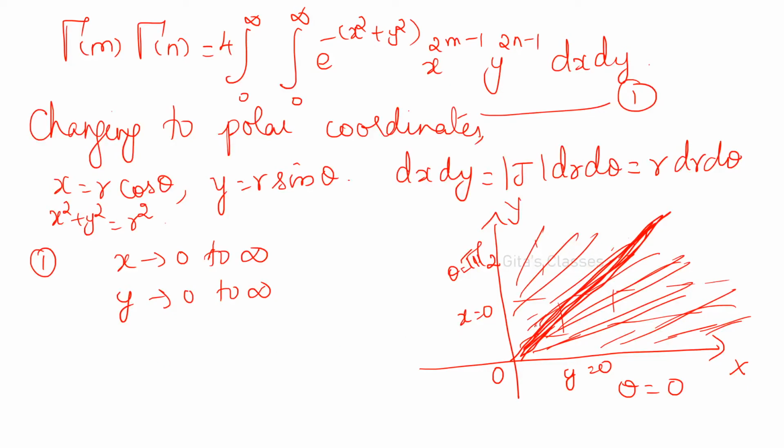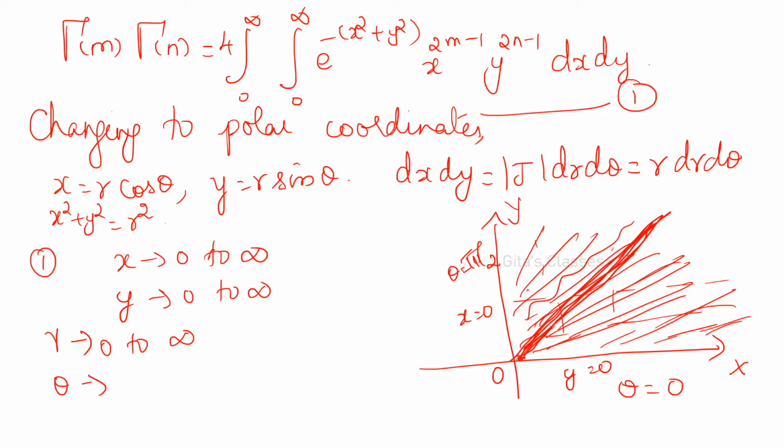From this you can decide r. R varies from, what is the length of this strip? It can vary from 0 to infinity. There is no limit here, right? So it will go like this, okay? So this strip, if you consider, it is varying from 0 to infinity.